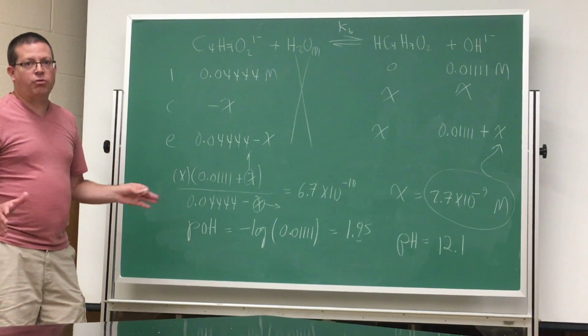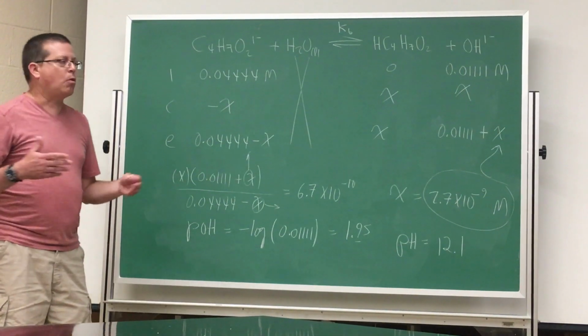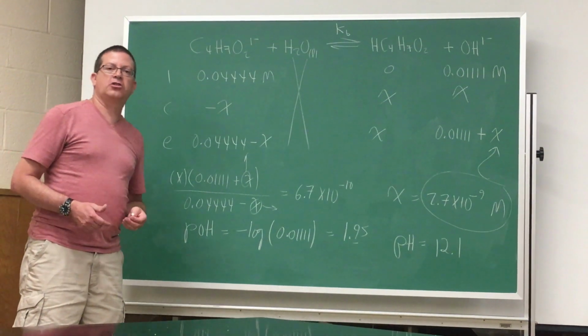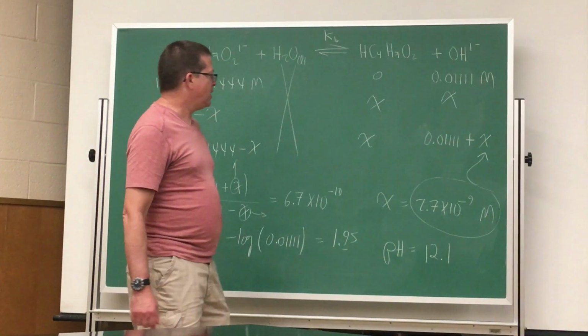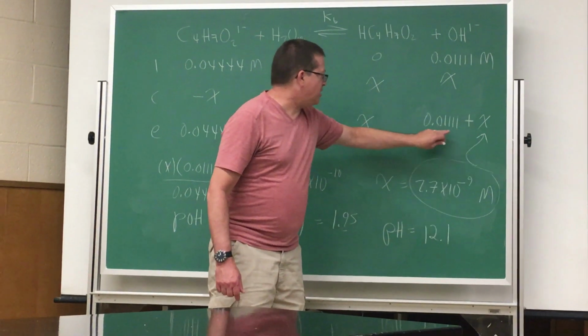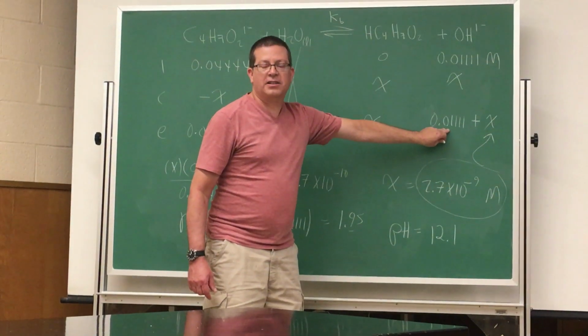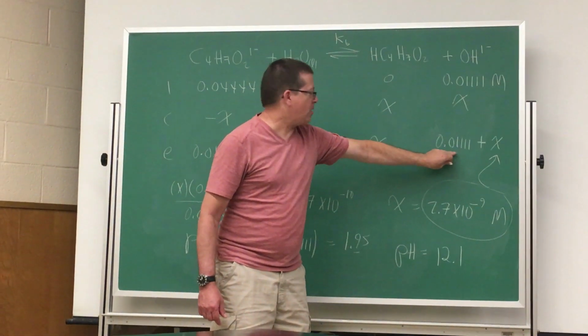Now to get at pH, what we have to do is we have to go by way of pOH, which of course involves the total concentration of the hydroxide ion that we've got at equilibrium. Now if you look at this, we have to take this little tiny X here that we got, and we have to add it to the concentration of the hydroxide ion that was left over in the previous ICF table. All right?